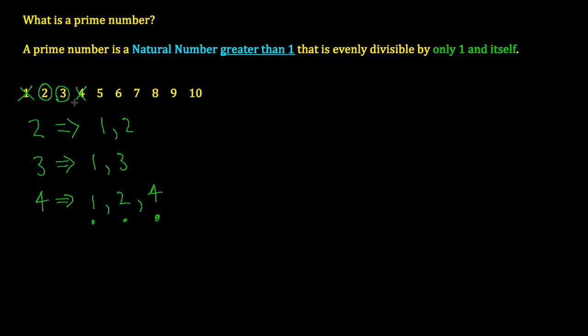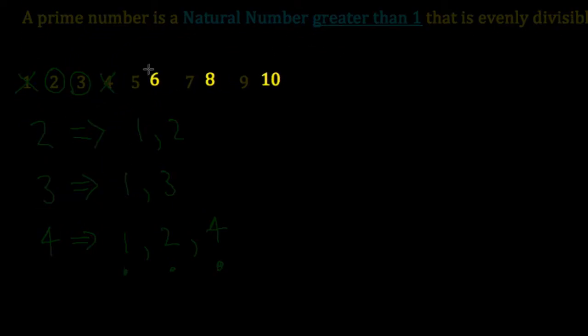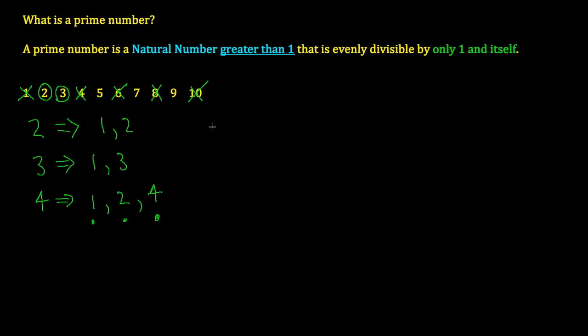Well, if you stop and think about it, 6 is going to have a factor of 2 in it. 8 is going to have a factor of 2 in it. 10 is going to have a factor of 2 in it. So any even number after 2 is divisible by itself, 1 and 2.